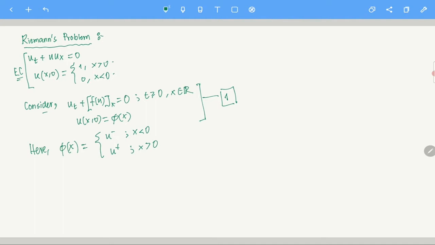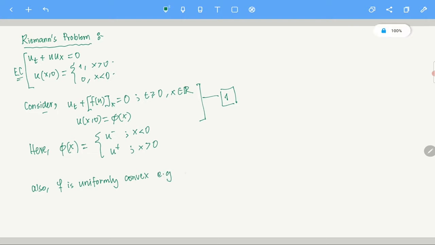That is phi, and what is f? Very importantly, f is uniformly convex. What does it mean?